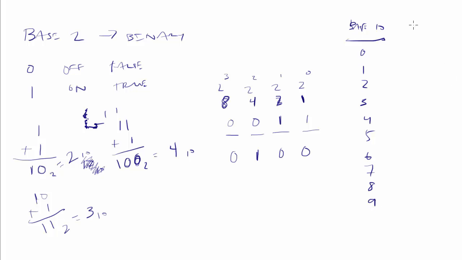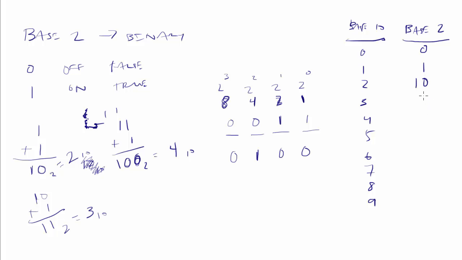In base 2, I can also have a 0, and I can also have a 1. But when I get to a 2, I have no option for 2, because all I have is a 0 and a 1. And so that becomes a 1, 0, and then we just keep counting, just like we would in decimal.